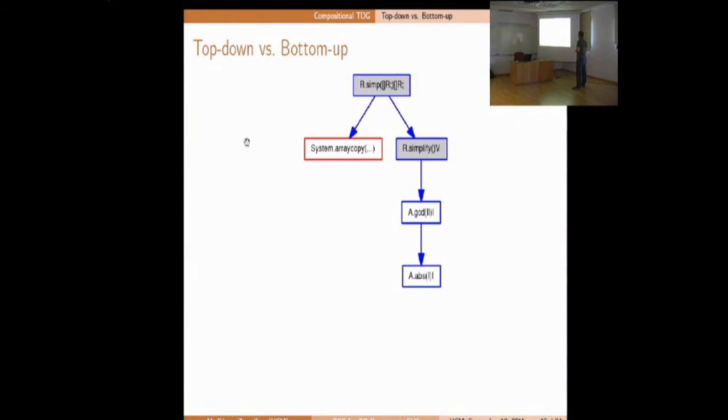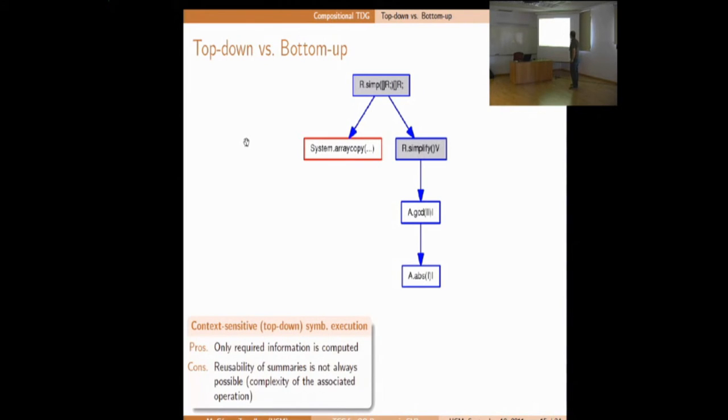I don't have a lot of time, but just to mention that there are basically two ways of attempting this problem. You can either do top-down. You can start the symbolic execution at top level, and then once you arrive at some point where you call a method, you compute the summary for this method.